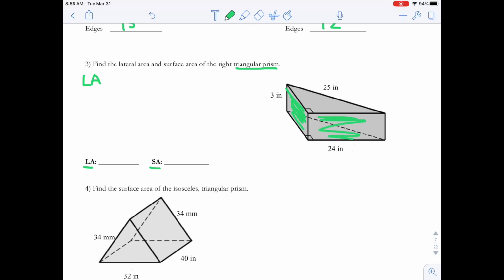Okay, those outsides around it. So again, that is your perimeter times your height. Okay, well, if you think about the perimeter of this shape, okay, we don't have everything kind of right now. Okay, we have 24.